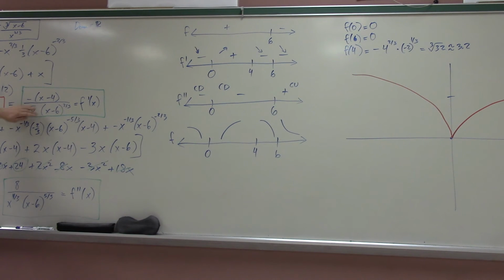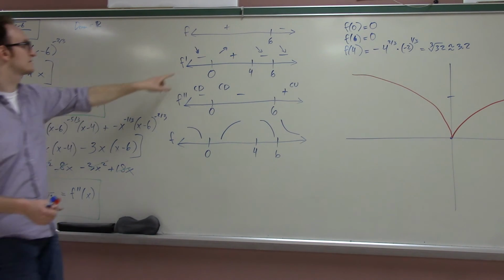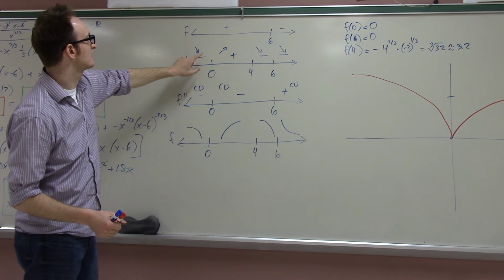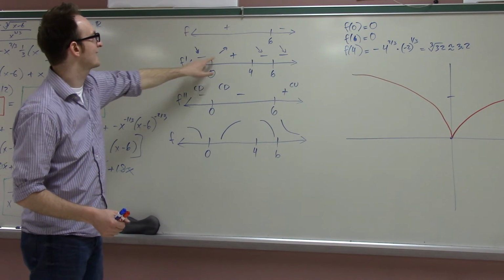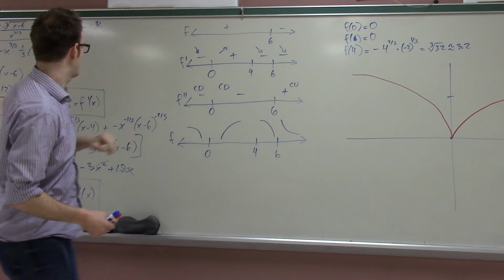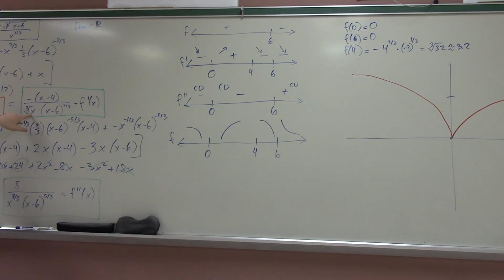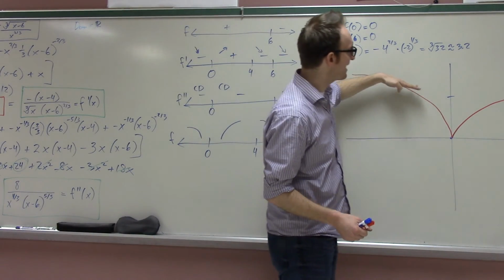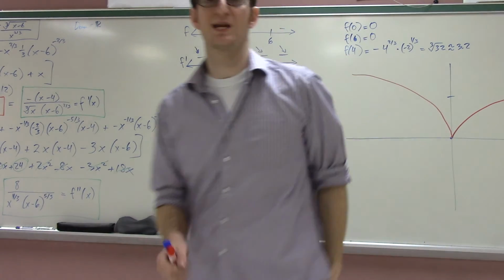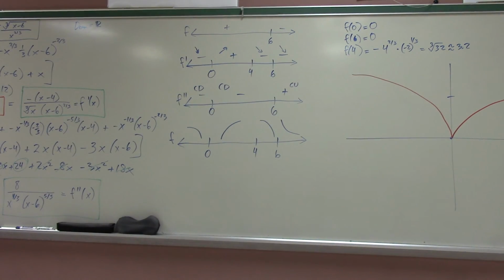But when x is near 0, the derivative will be huge. And in fact, if you look at the sign chart, to the left of 0, the derivative is negative. To the right, it's positive. So near 0 it makes this thing gigantic, which tells me that on my graph, I'm going to have a vertical tangent line at x equals 0.